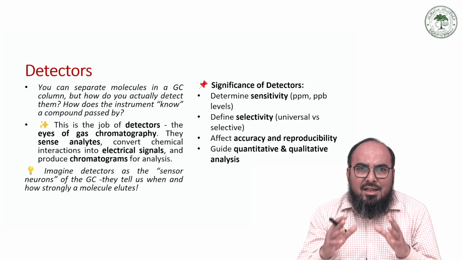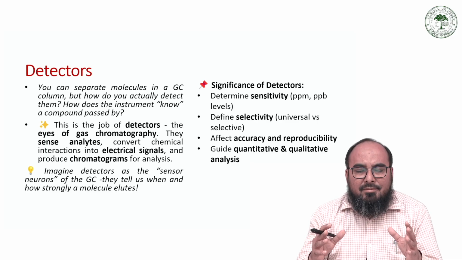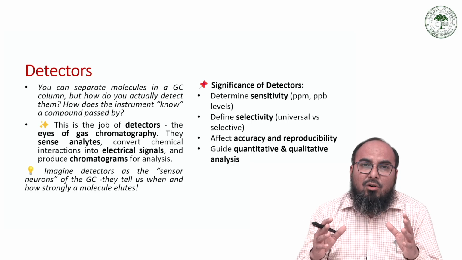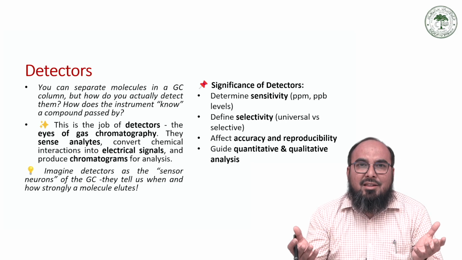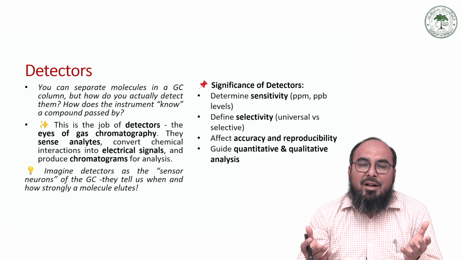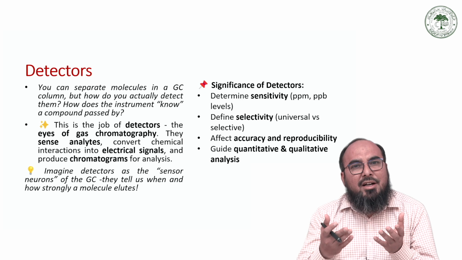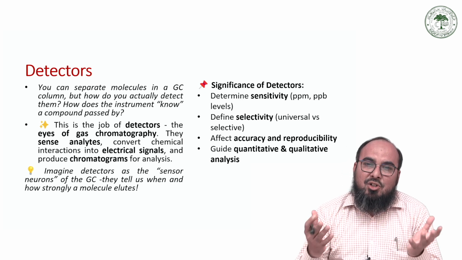You can say that the separation occurs in the column, but okay, separation has been done. So now how do you come to know how many different components are separated from the column, and what is the quantity of each component? It is now that the detector comes into play.